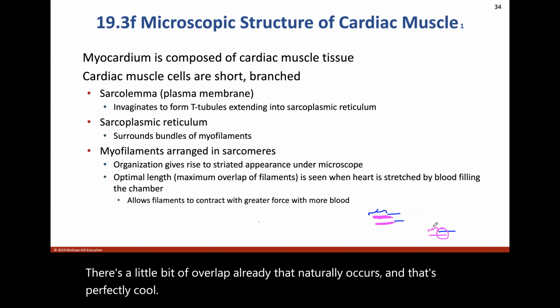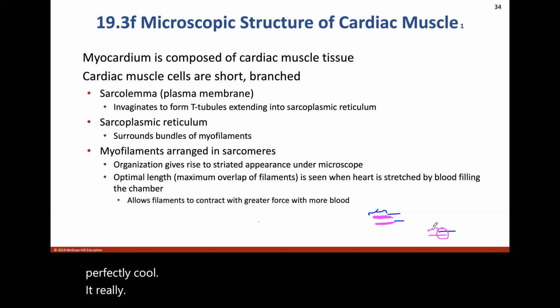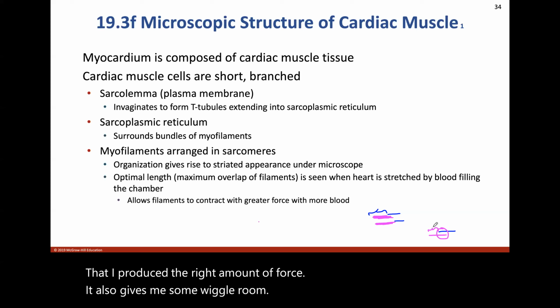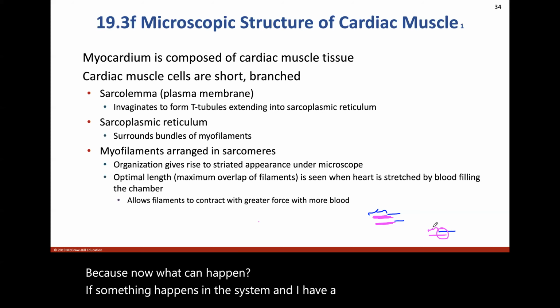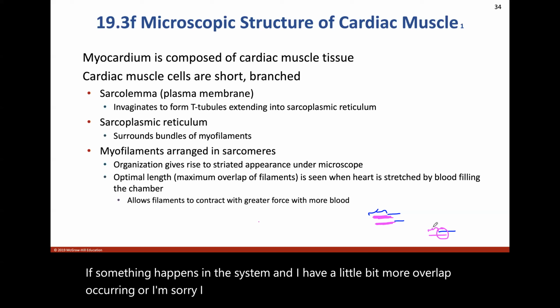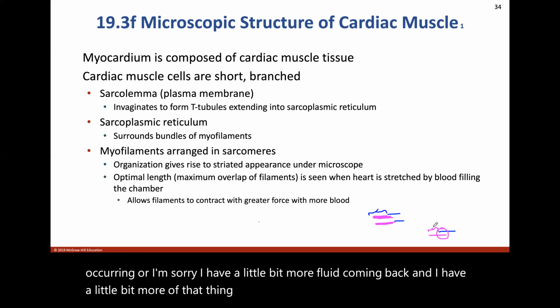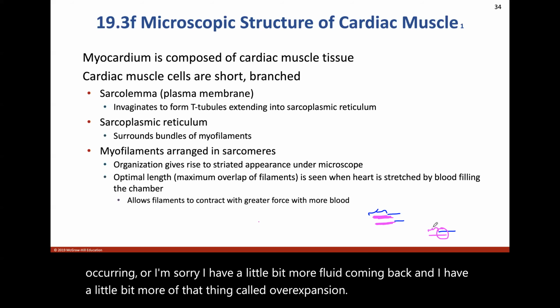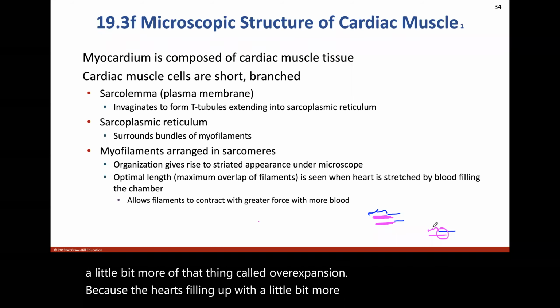It ensures that I produce the right amount of force. It also gives me some wiggle room, because now what can happen? Well, if something happens in the system and I have a little bit more overlap occurring, or I have a little bit more fluid coming back, and I have a little bit more of that thing called overexpansion, because the heart's filling up with a little bit more fluid, a little bit more blood.